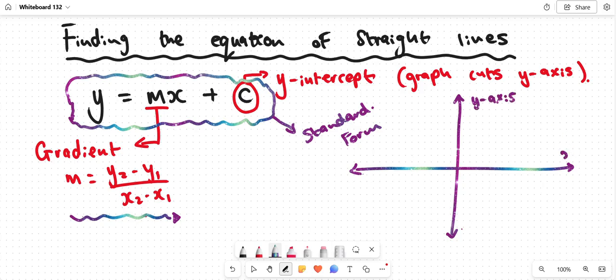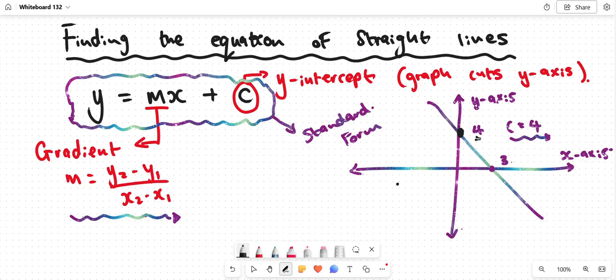If this is my y-axis and this is my x-axis, and I have a line that goes like that, cuts there at 4 and cuts there at positive 3, then what is my C value? My C value in this case would be equal to 4. Where am I getting that 4? This is where this graph is cutting my y-axis. So if it cuts it at 4, that C value is equal to 4.